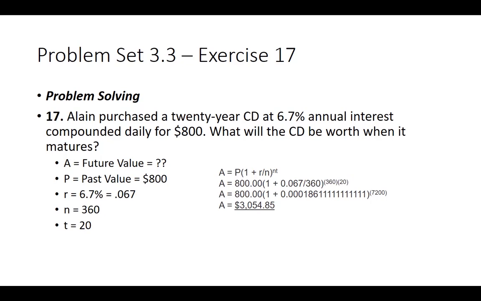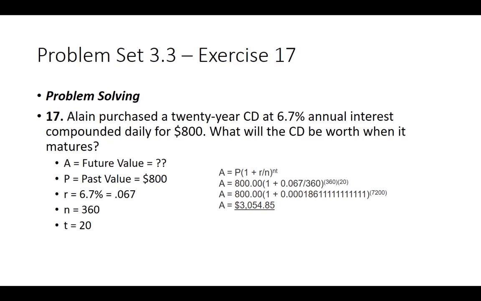Number 17. Elaine purchased a 20-year CD at 6.7% annual interest, compounded daily for $800. What will the CD be worth when it matures?